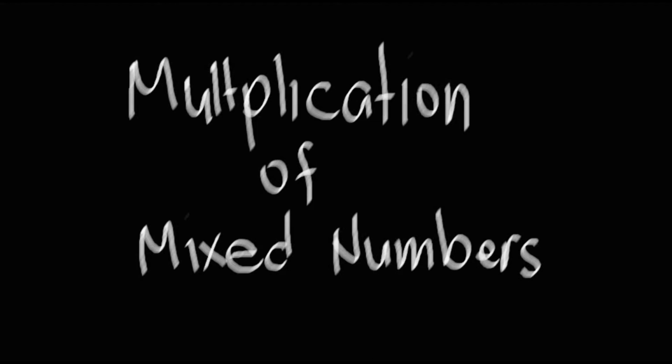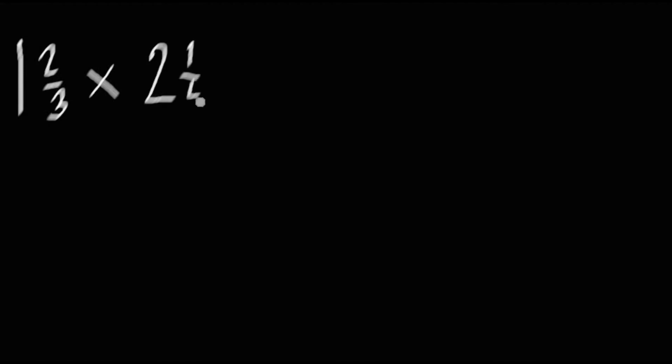Let's have our first example. Let's say 1 and 2/3 times 2 and 1/4. In multiplying mixed numbers, we cannot directly multiply those two mixed numbers. We need to change the numbers into improper fractions.